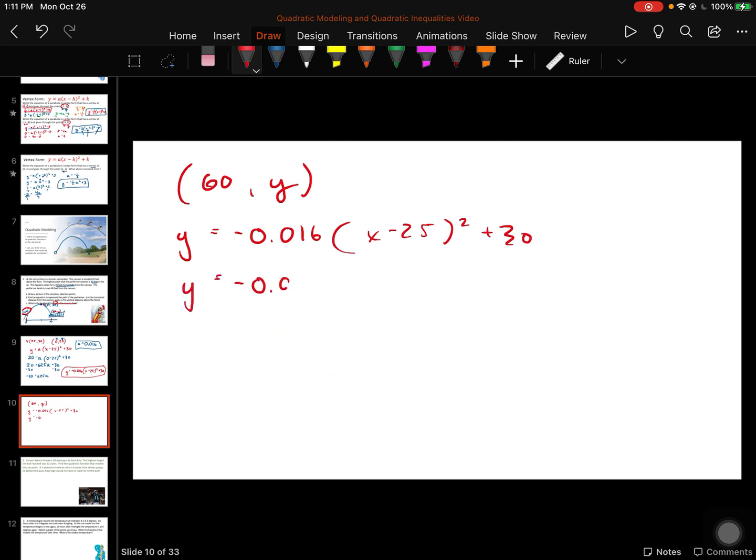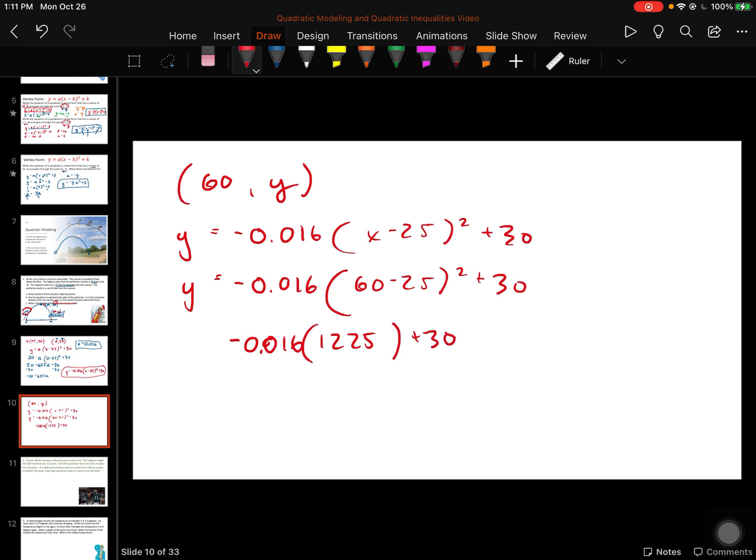And now if we plug in 60 for x, we're going to have to rely on your calculator here a little bit. 60 minus 25 squared plus 30. 60 minus 25 is 35. 35 squared gives me 1,225, times 0.016, plus 30.